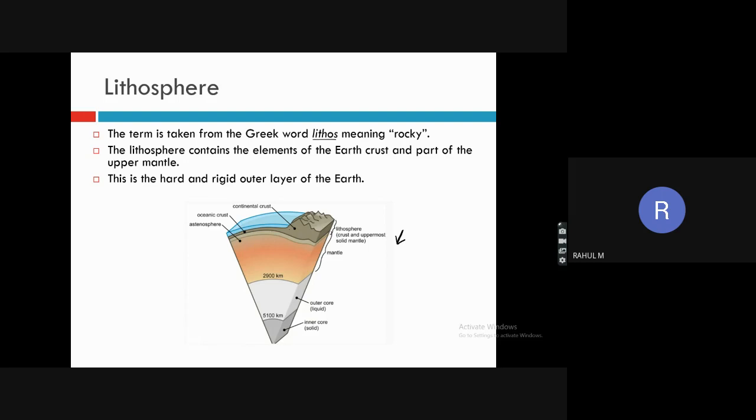You can see it is having a continental crust, oceanic crust, asthenosphere, and this ranges up to 2,900 kilometers down. So this entire region is called a mantle, crust and upper solid mantle. It is called mantle.